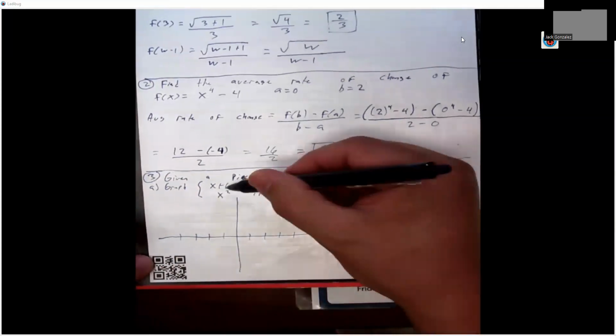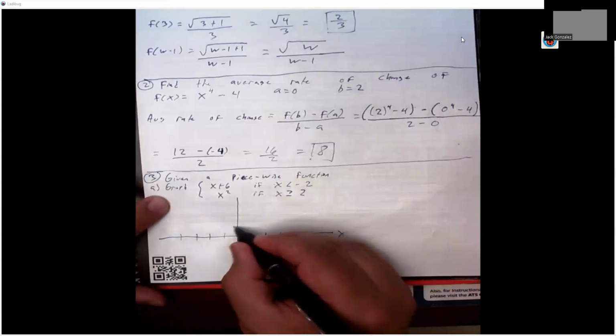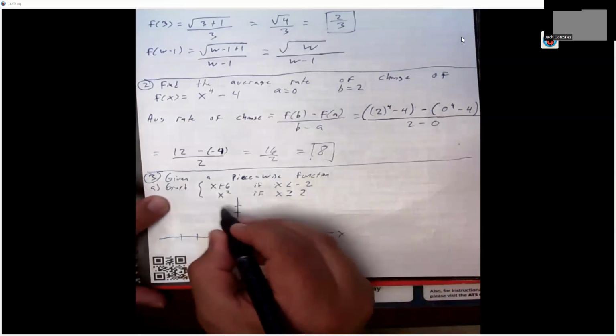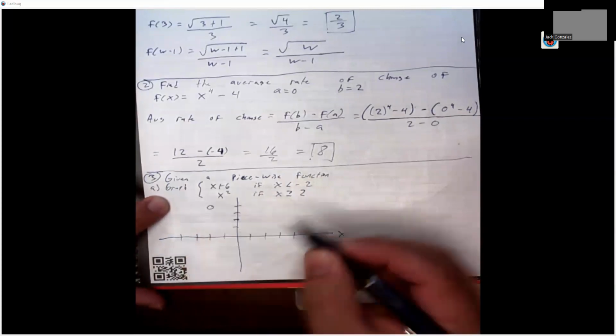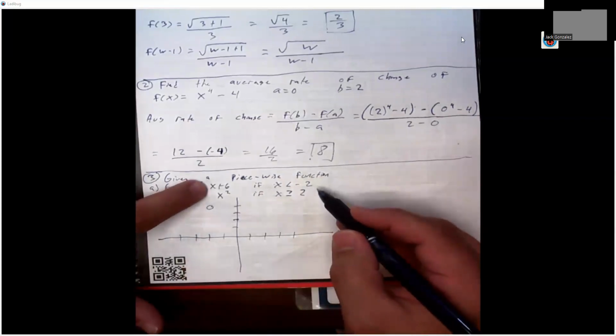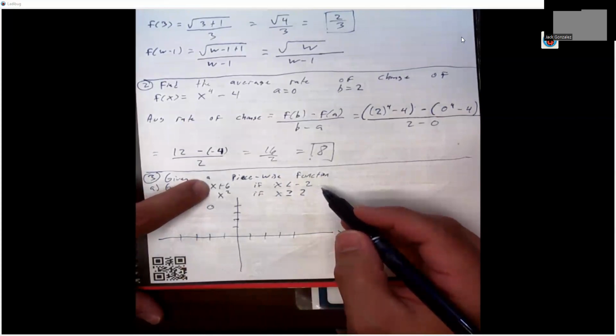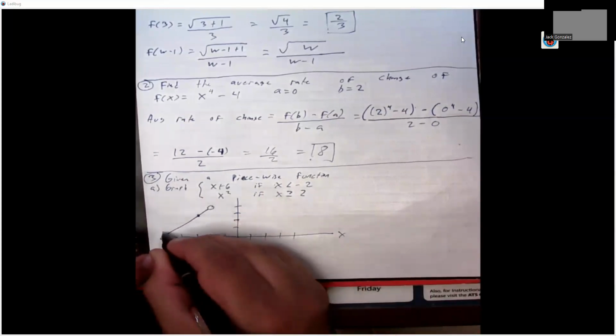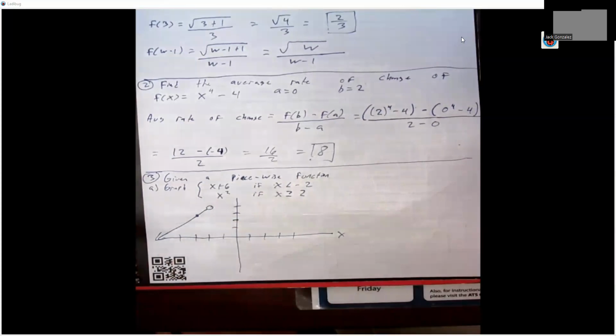So -2 into that first one will give me a 4, but I'm not allowed to actually use it. So I put a hole there. If I go lower, -3 into here gives me a +3. So that would be right there. So technically I have a line going this way. I just need 2 dots to connect them.